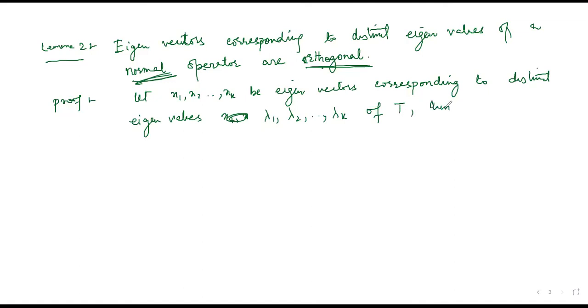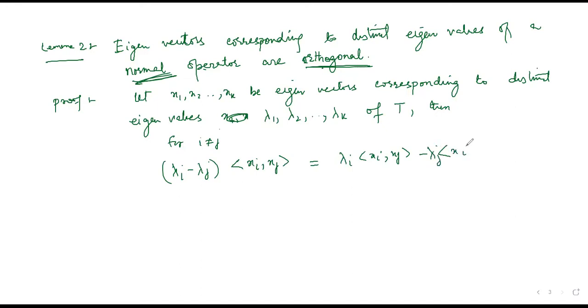Then for i not equal to j, that is, if i is not equal to j, (lambda i minus lambda j) as a scalar multiplied by the inner product of xi and xj can be written as lambda i times the inner product of xi and xj minus lambda j times the inner product of xi and xj, right?